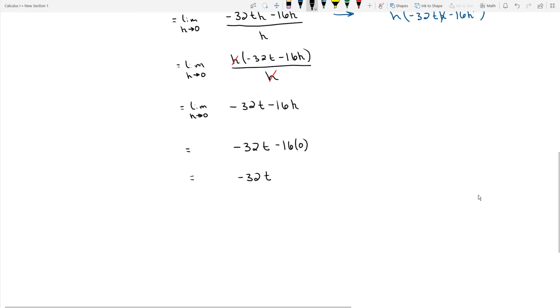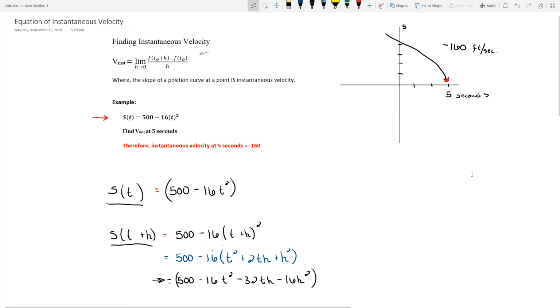That means that if I plug in the 5 seconds, such that s prime at 5 is equal to, and we said our formula is negative 32t, we plug that in, and we end up with negative 160.